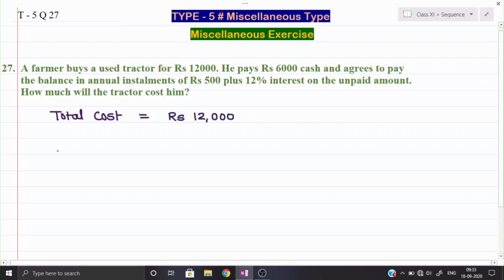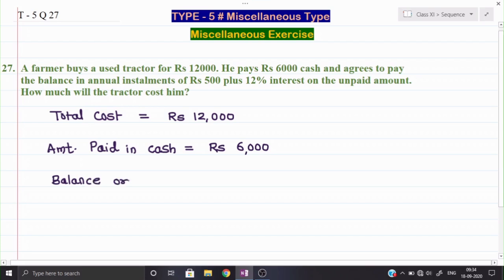Okay, then we can say amount paid in cash, how much amount he has paid. So amount paid in cash is equal to rupees 6,000, right? So we can say that balance amount, or you can say that unpaid amount.